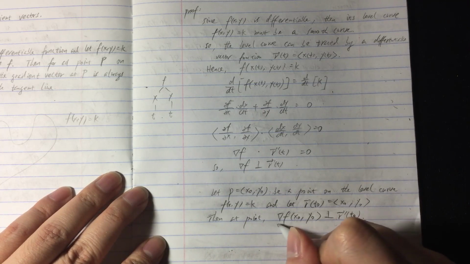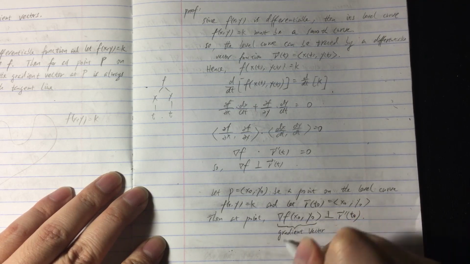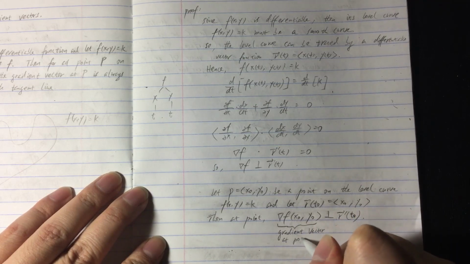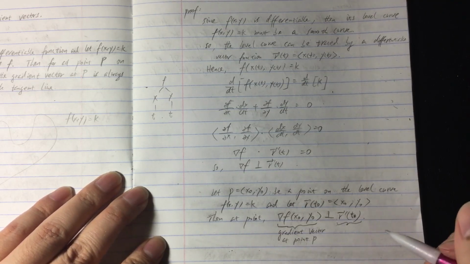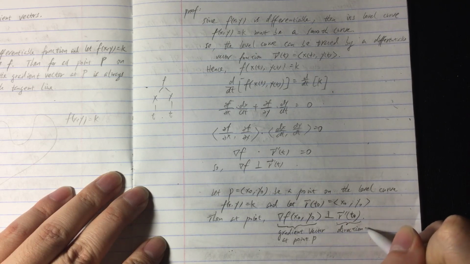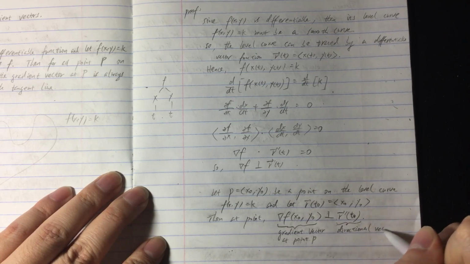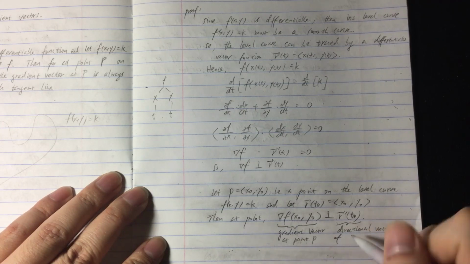This is the gradient vector at point P. This is the tangent vector at point P. The tangent vector represents the directional vector of the tangent line. So that's the directional vector of the tangent line at point P.